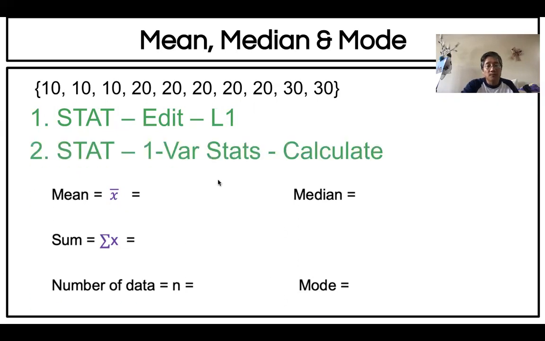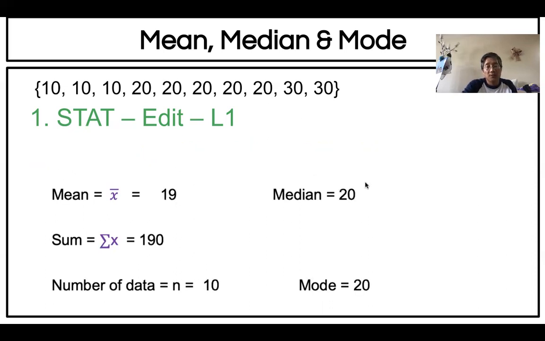After that, we learned how to use one variable statistics and calculate. If you do it, the mean is 19, the median is 20, the sum of all this is 190, and how many? 10 numbers. The mode, the most frequent number, is 20, 5 times.